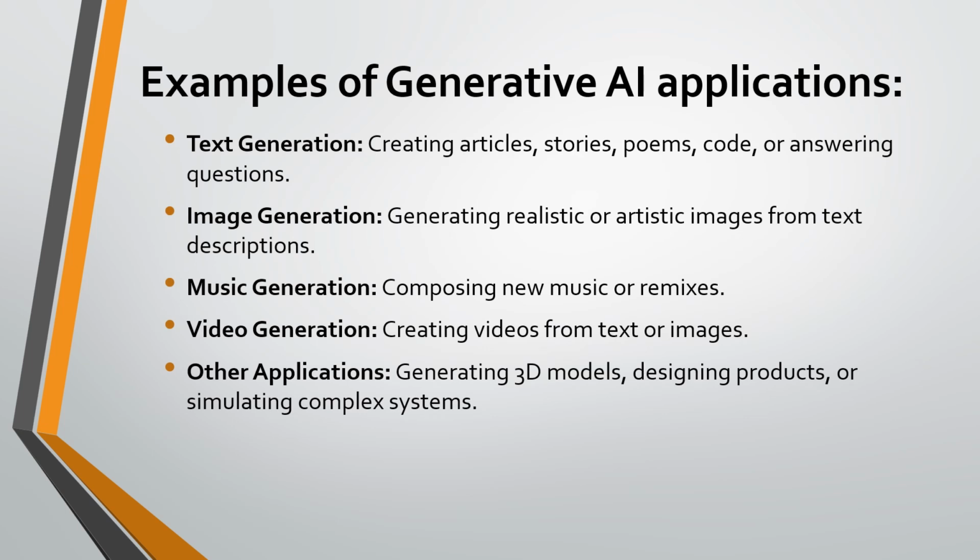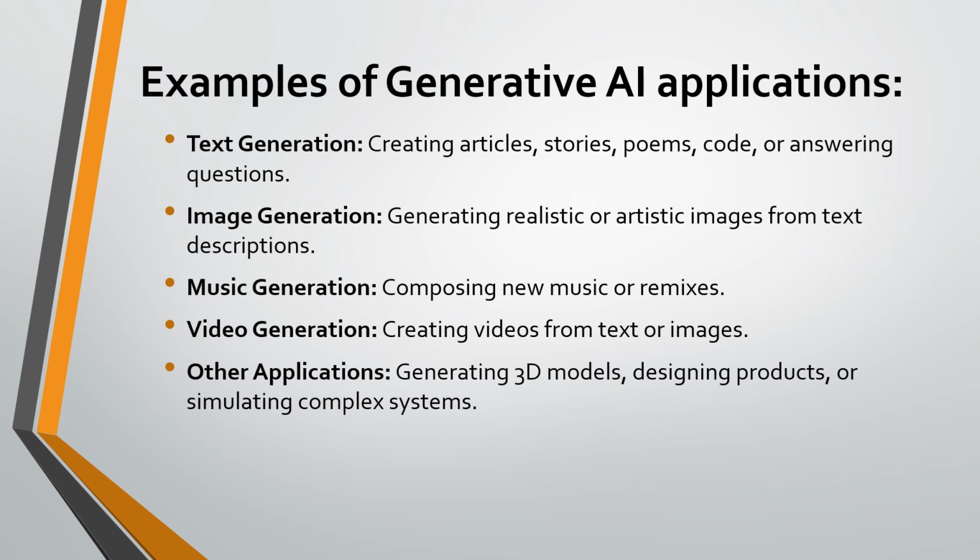So examples of generative AI applications could be text generation, creating articles for you, creating stories for you, creating poems for you, writing codes of certain programming or answering questions for you, different types of the questions you are asking.